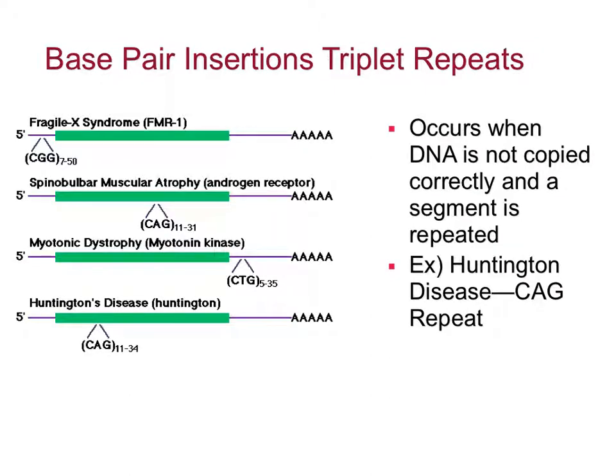Here's nothing for you to write, but just take a look at these 4 different diseases in humans that are caused by insertion. And as you examine this picture, you can see with each of these, the codon that is inserted completely throws off the protein that is being made.